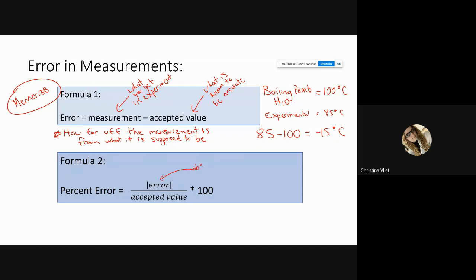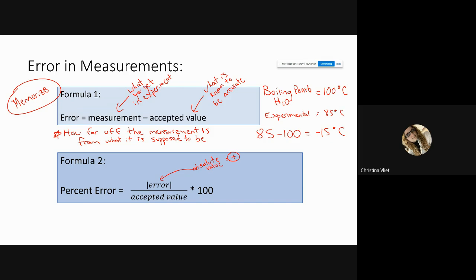And all that means is that whatever error you get, you have to change it to a positive value. You divide that by what the answer is supposed to be, and you multiply by 100. Whenever you see a fraction bar here, and I am so sorry, if you hate fractions in math, we are going to be working with fractions in a lot of formulas this year.